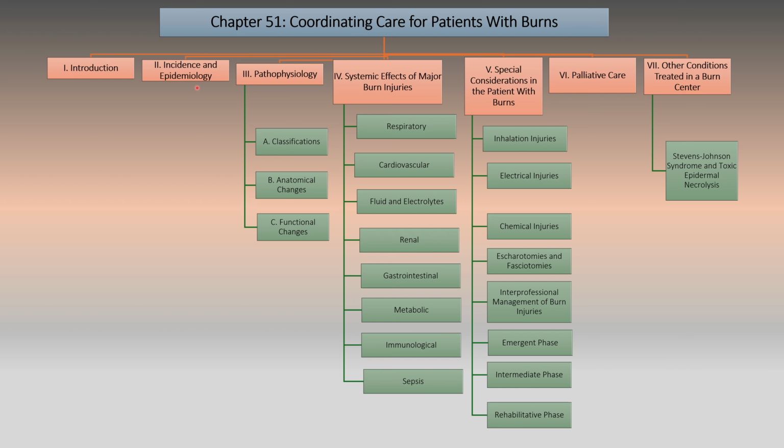Fire statistics and deaths, they have a magnitude. In 2021, over 1.35 million fires were reported in the United States. Impact: those fires resulted in 3,800 civilian deaths and 14,700 civilian injuries.